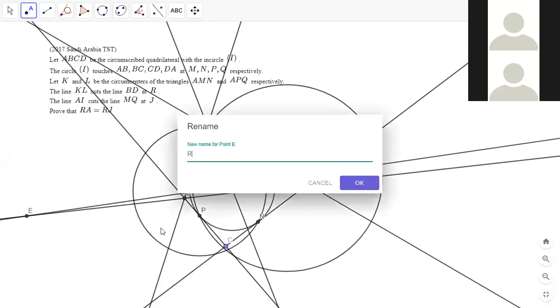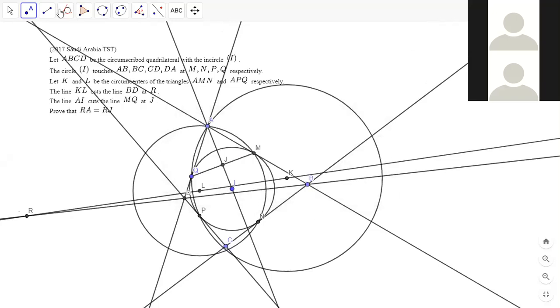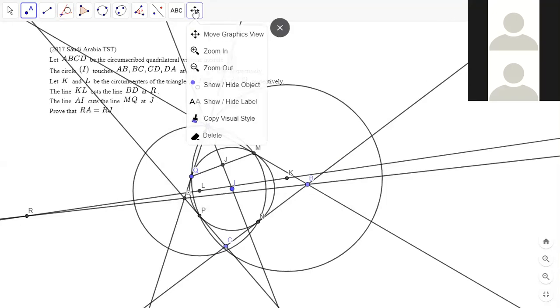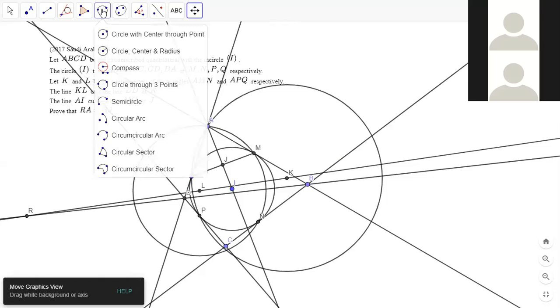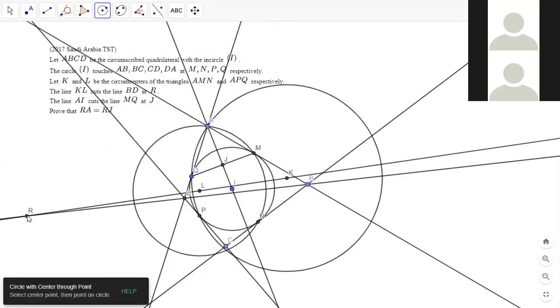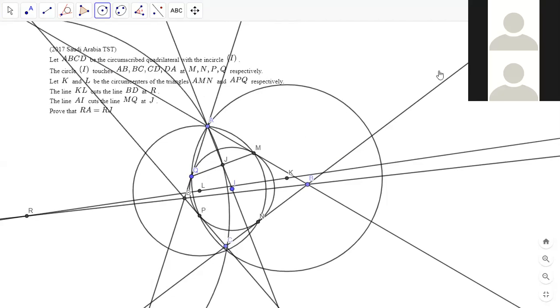Okay, let me make this diagram look better. I want to show RA equals RJ. You check that that's correct before I. Yes, okay.